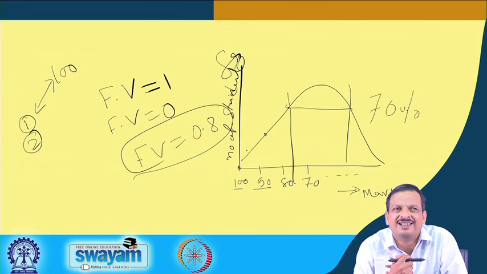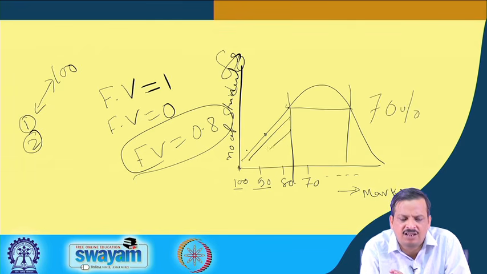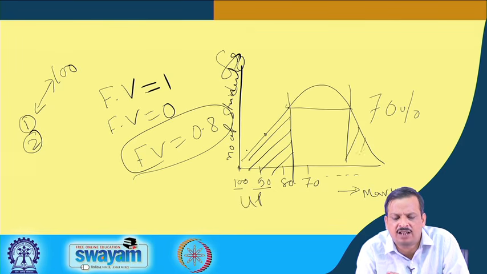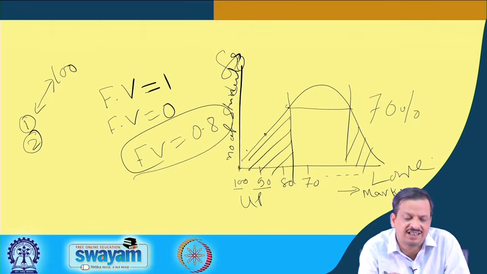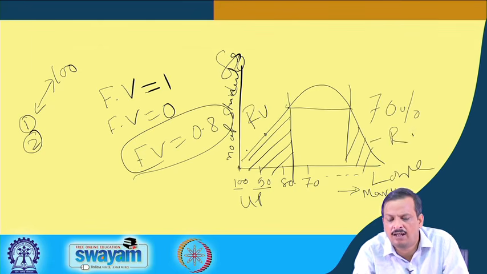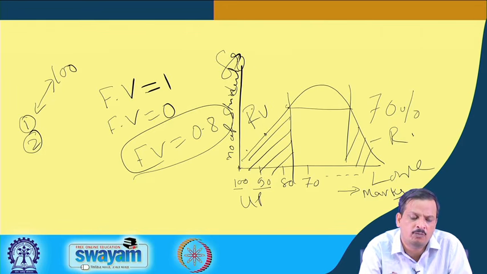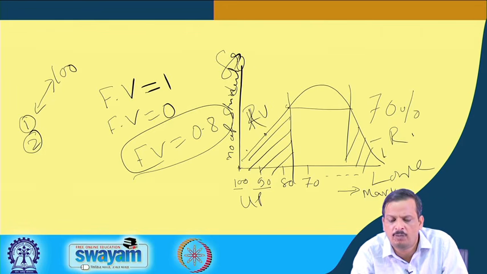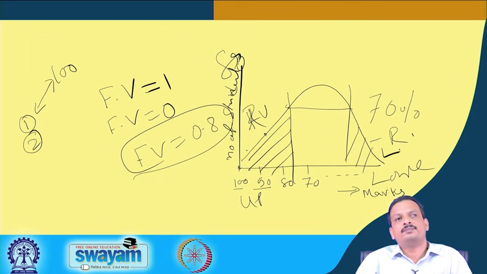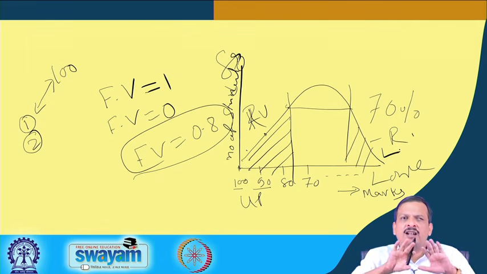Then this portion I can consider as the upper group U and this portion as the lower group L.